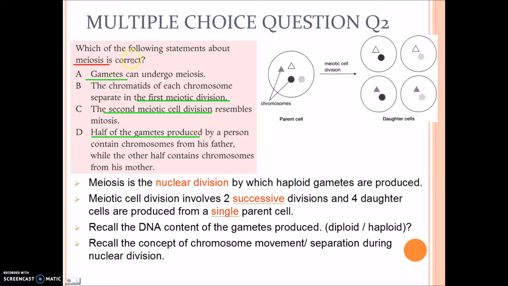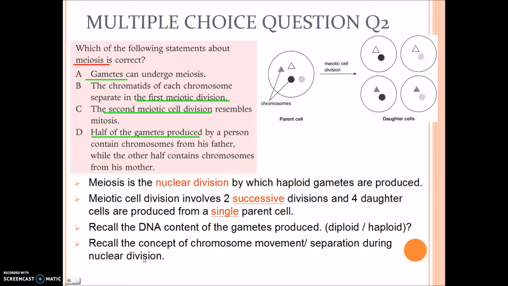For options A, B, C, D, I would like you to recall the DNA content of the gametes, diploid or haploid, and then you know that it should be haploid. Also recall the concept of chromosome movement, or what we call behavior, the separation of the chromosomes during nuclear division.